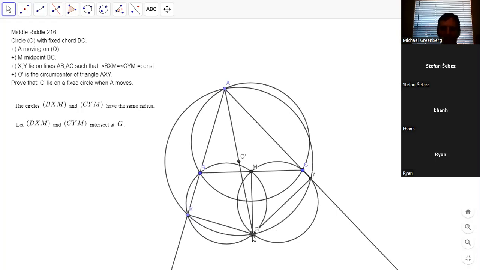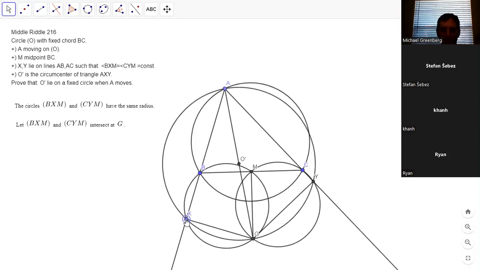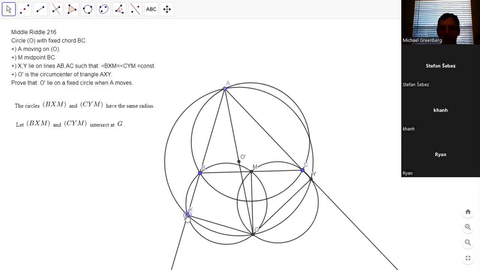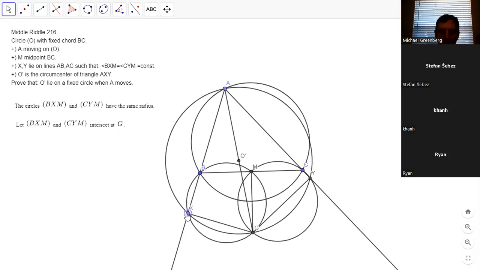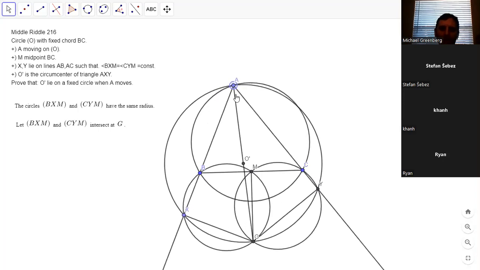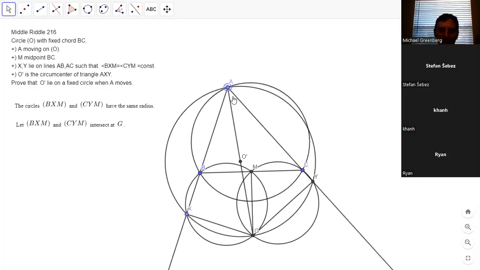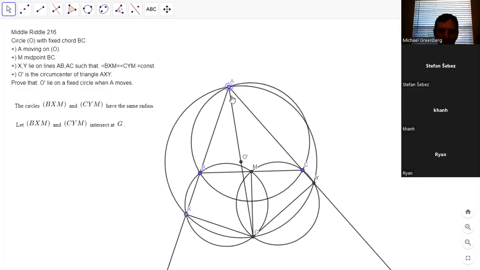Oh, so G. So let's say we intersect this at G, then we have that angle BXM is equal to CYM, and that is a constant, let's say alpha. Okay. So angle BGC would always be 2 alpha, regardless of where we take point A. And yes, basically, we would have that G is a constant point.